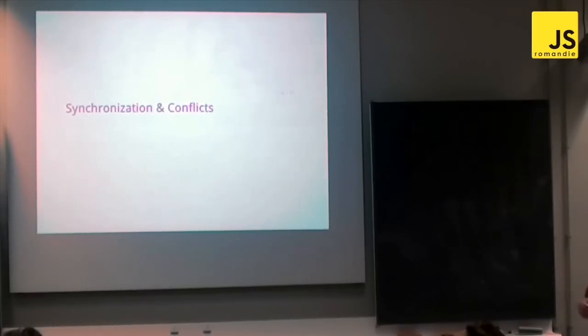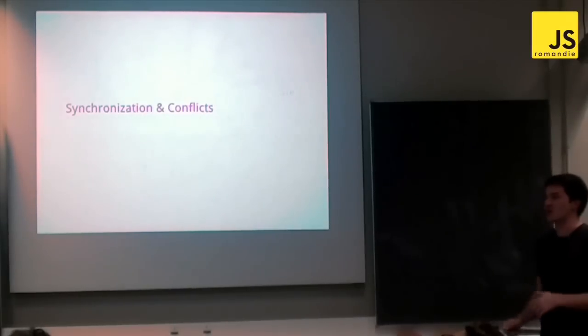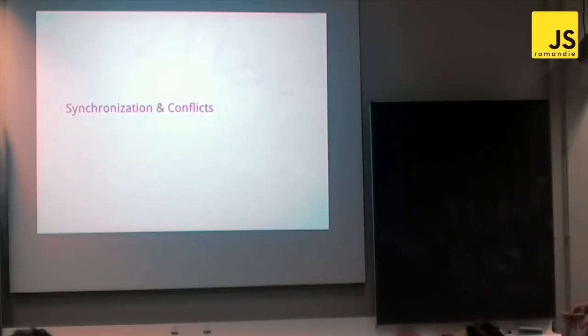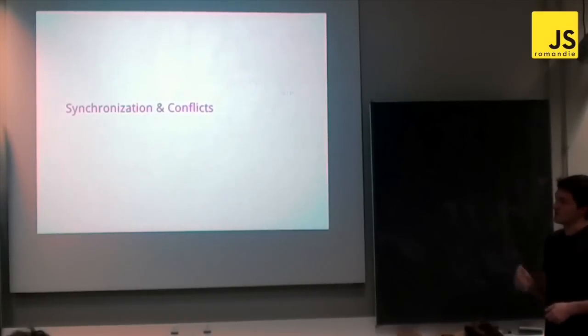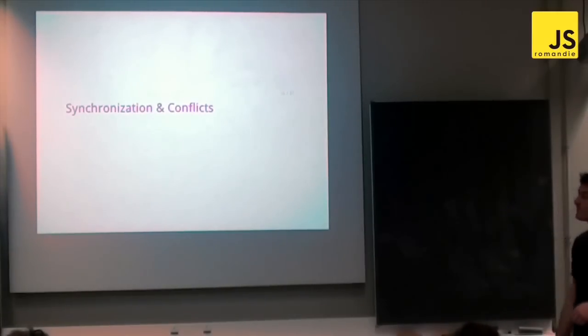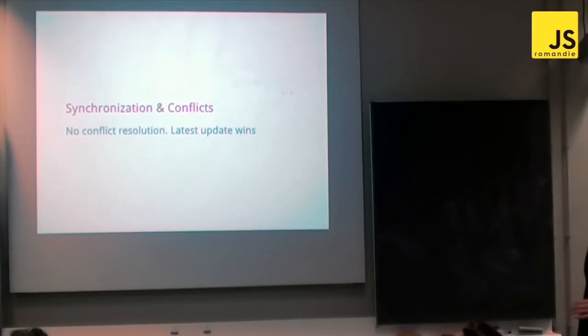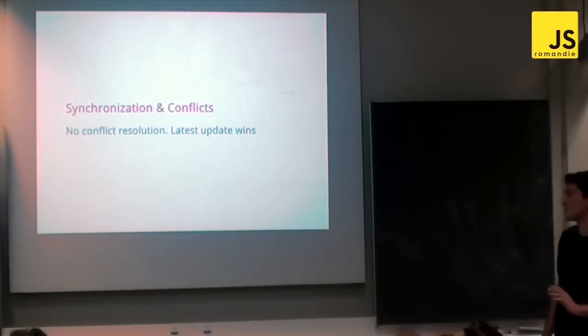The common question you may have is about conflicts. If offline in two instances we change the same object, then when we get online, which one really wins? Currently we solve it very simply: the latest update wins. So there's no conflict resolution, latest update wins, and it works really well.